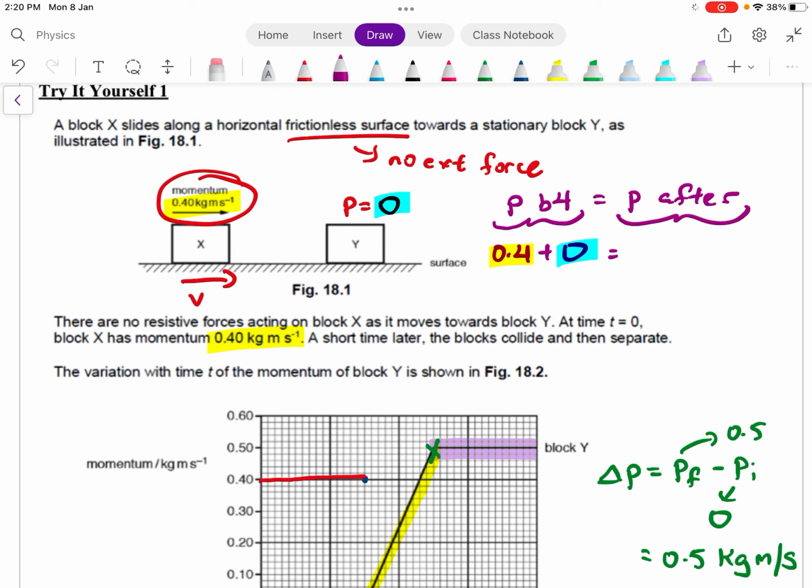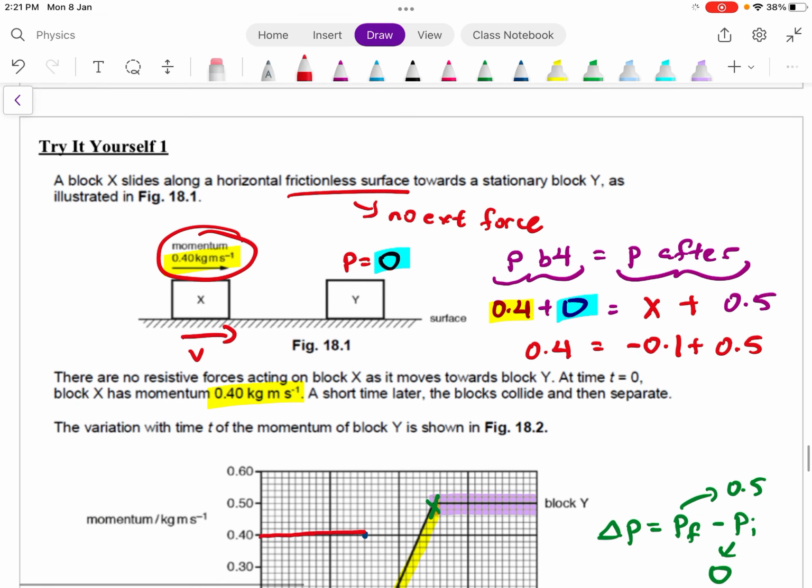Then after the collision will be right here. I know the momentum of Y is actually about 0.5. Let me just write down 0.5. Then what about the X? I must make sure that left hand side is equal to right hand side, meaning left hand side is 0.4, right hand side must also be 0.4. So this is your momentum of X. So this X must be negative 0.1, because negative 0.1 plus 0.5 will become 0.4.